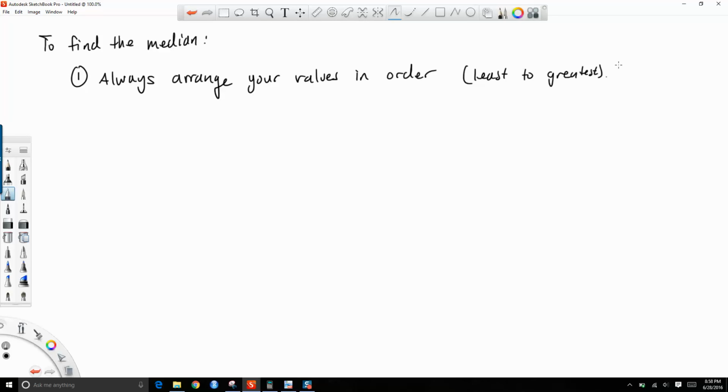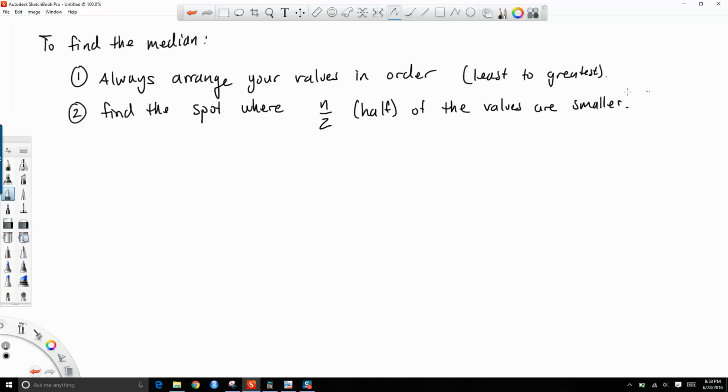Then count how many values you have, and find the median by finding the spot where n over 2, or half of the values, is. There are kind of 2 cases.